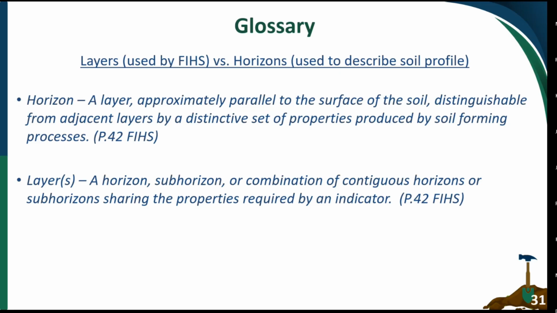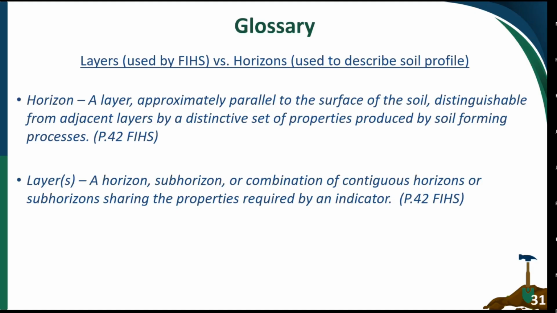You have to know and recognize the differences between layers and horizons. In the glossary, horizons and layers are defined. So here's the definition of a horizon: a layer approximately parallel to the surface of the soil, distinguishable from adjacent layers by a distinctive set of properties produced by soil forming processes.